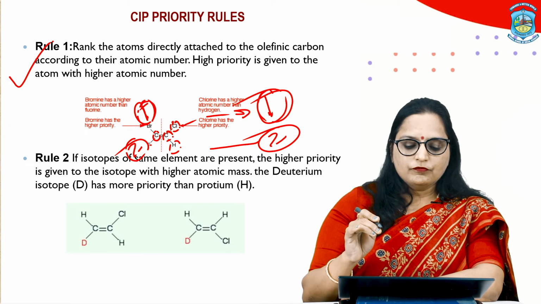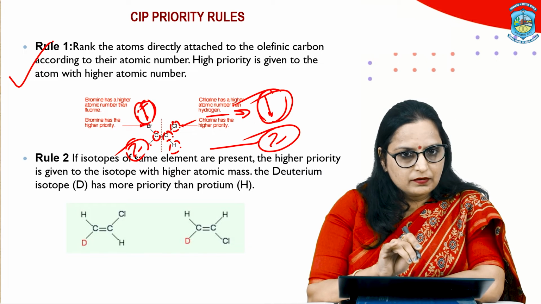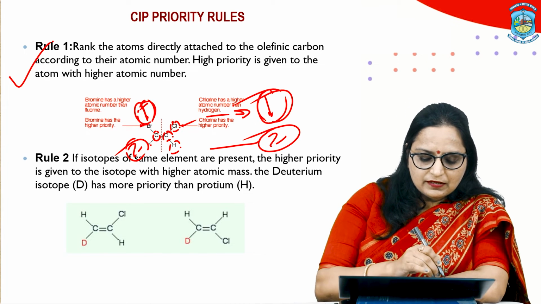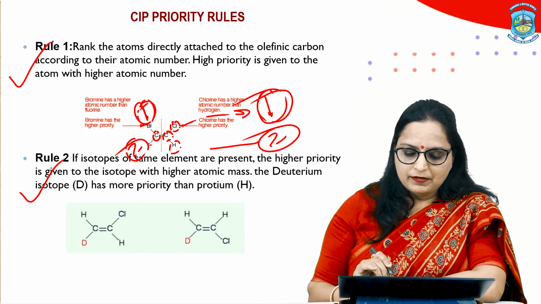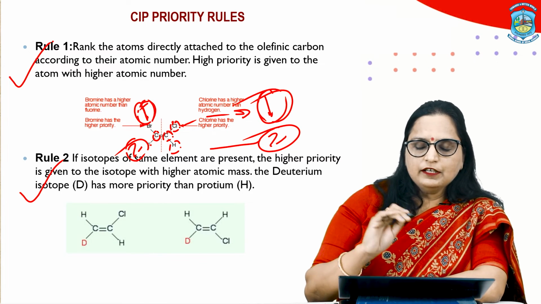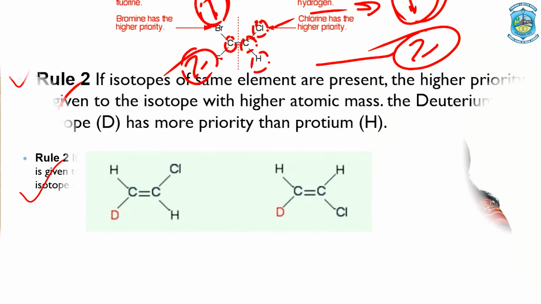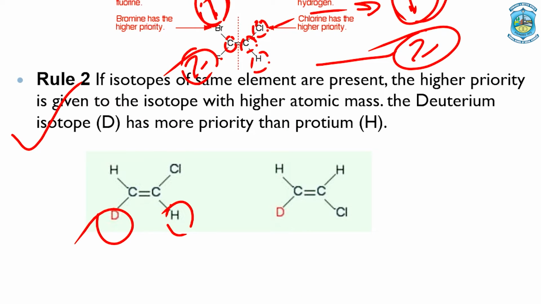Now, if rule 1 does not work, then rule number 2 will be applicable. For example, if we have hydrogen and deuterium, they have the same atomic number. So, if isotopes of the same element are present, then higher priority is given to the isotope with higher atomic mass.